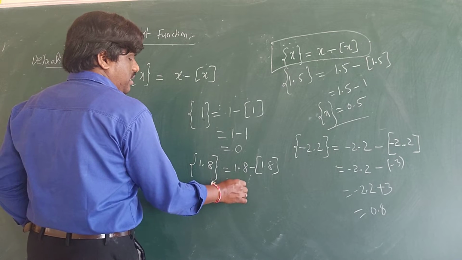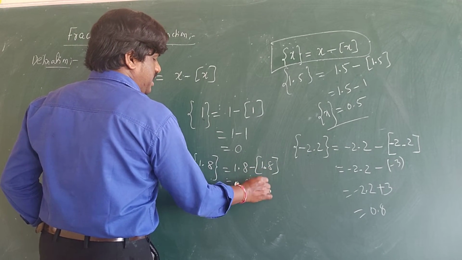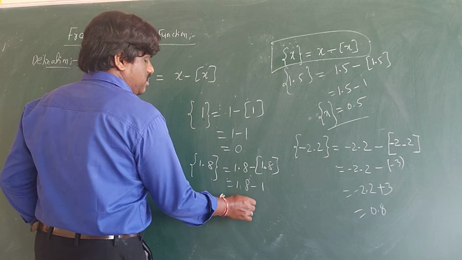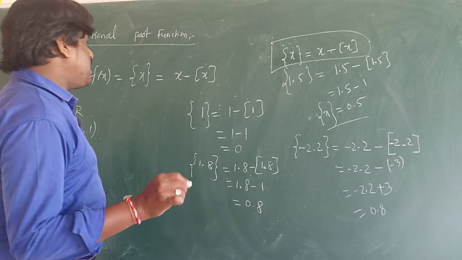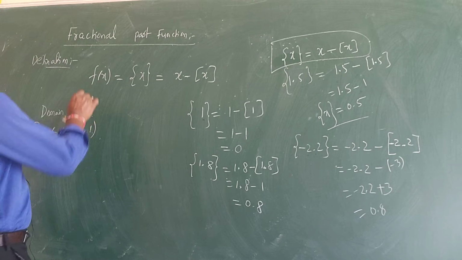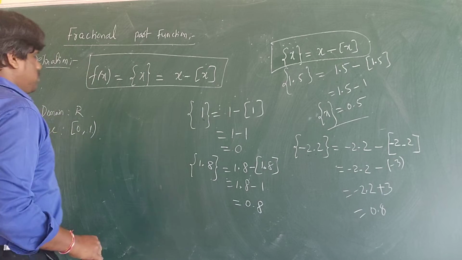For 1.8, the greatest integer of 1.8 is 1. So 1.8 minus 1 is 0.8. So this is the way to deal with the fractional part of x. The fractional part of x is nothing but x minus greatest integer x.